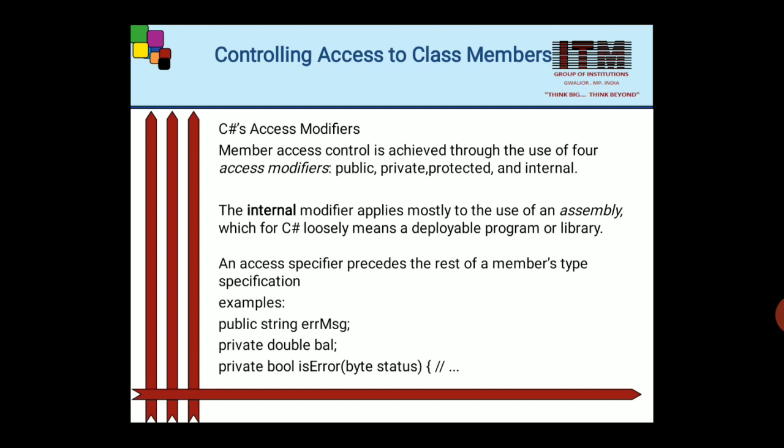First, it links data with the code, and the second one is that it provides the means by which access to members can be controlled. It is this second feature that is examined here.